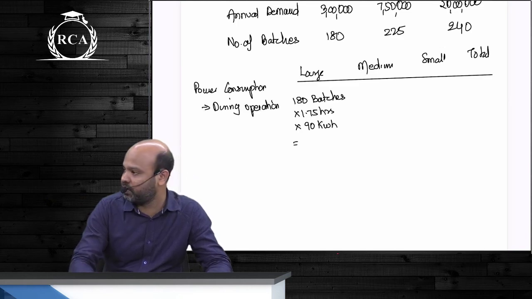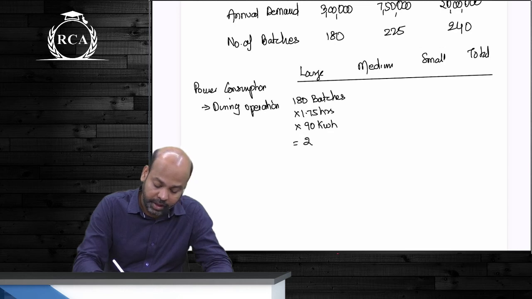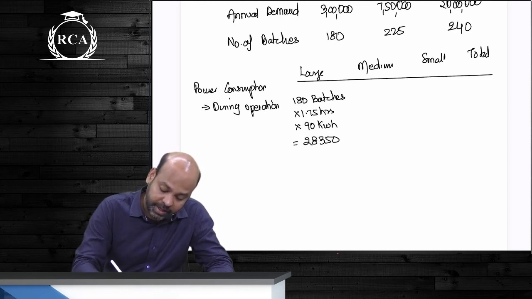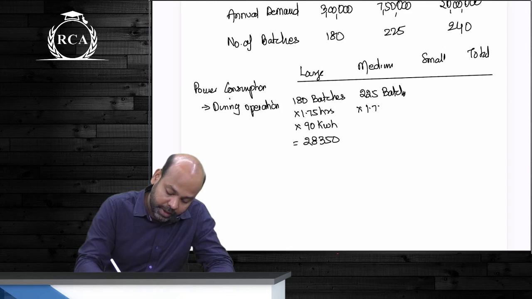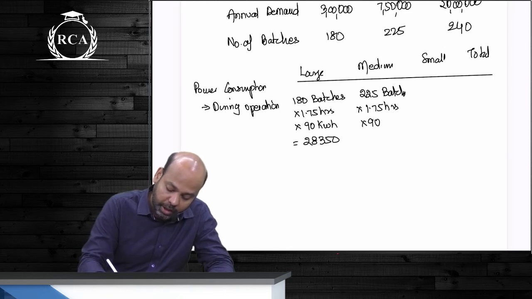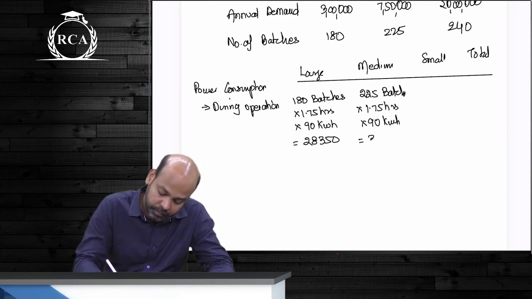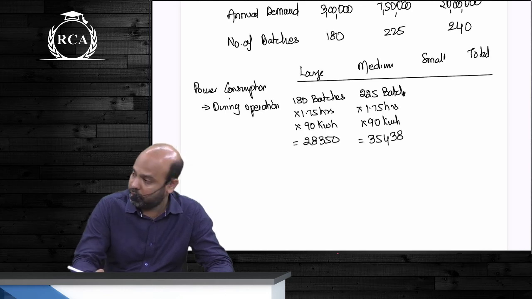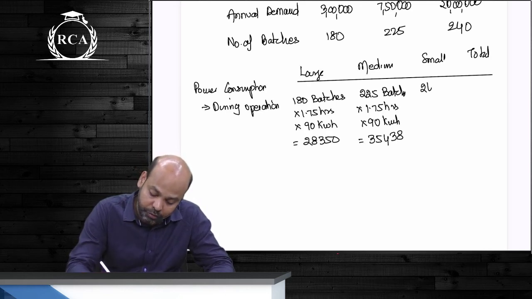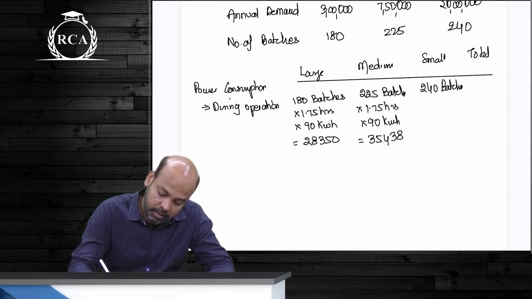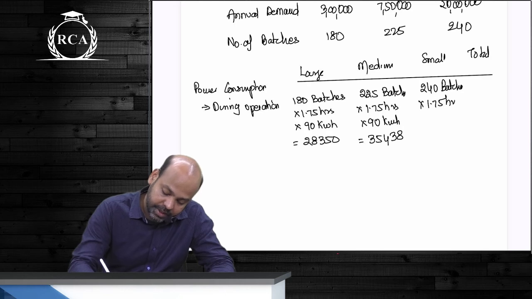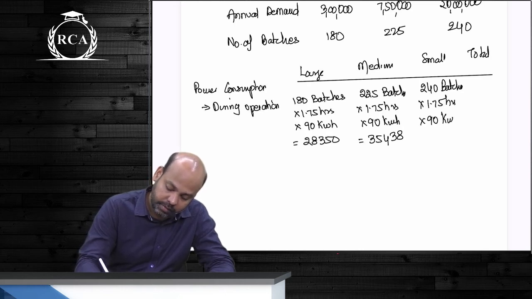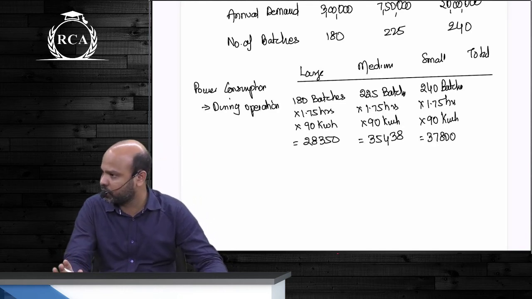How much is this, guys, kilowatt hours? 28,000. Similarly, for the next one it will become 225 batches into 1.75 hours into 90 kilowatt hours. 38, correct? The next one, beta, is 240 batches multiplied by 1.75 hours into 90 kilowatt hours. Can you add all of them, beta?